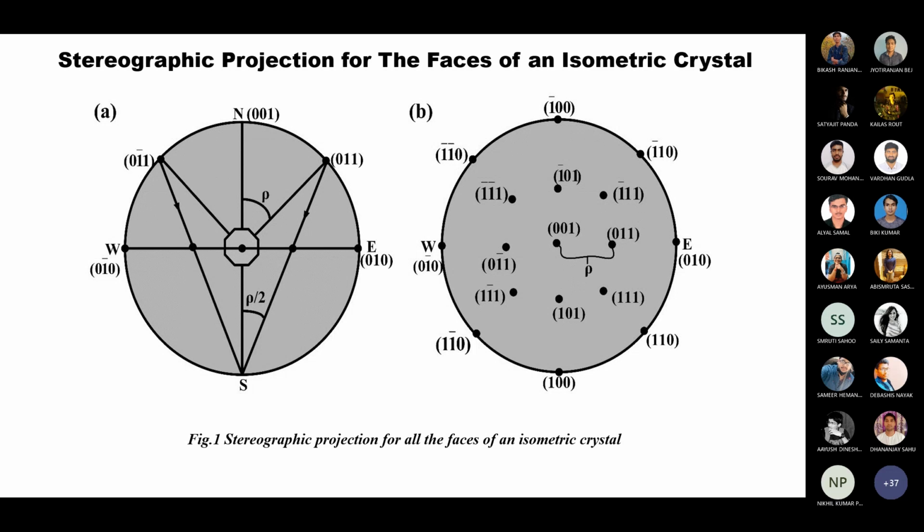If you look at 0, 1, 0 and 1 bar 0, 0, then you are going to get 0, 1 bar 0 and 1 bar 0, 0. Then if you add them, you get 1, 1 bar 0, and you can say that 1 bar 1 0 has a 45-degree angular relationship with the two planes having normals 0, 1 bar 0 and 1 bar 0, 0. This kind of representation can be easily understood.